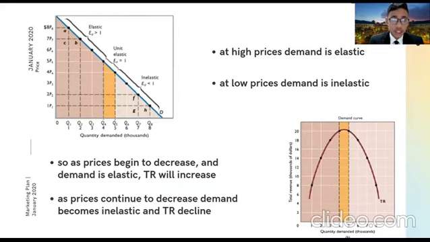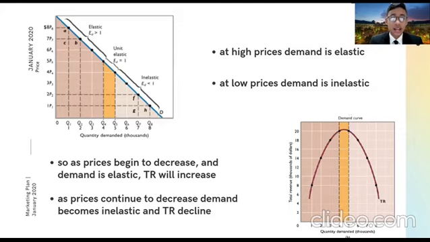The brown region on both curves shows elasticity more than 1, while the orange region represents unit elastic, and the peach region represents the inelastic. Comparing both curves shows the relationship between elasticity and the demand curve.